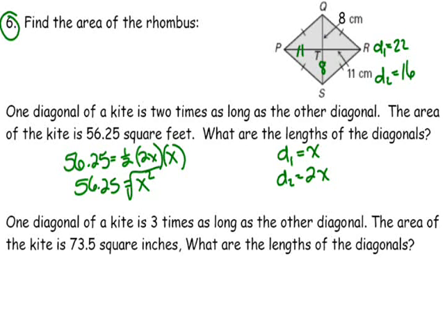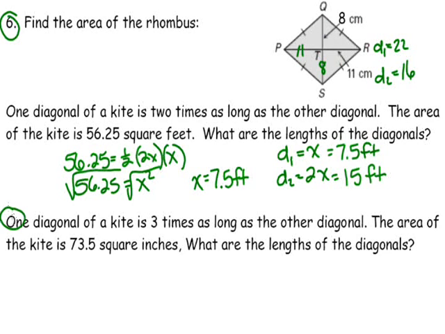I get x squared. So I simply take the square root of both sides, and I get that x equals 7.5 feet, which means that my diagonal 1 is 7.5 feet, and my diagonal 2 is 15 feet.